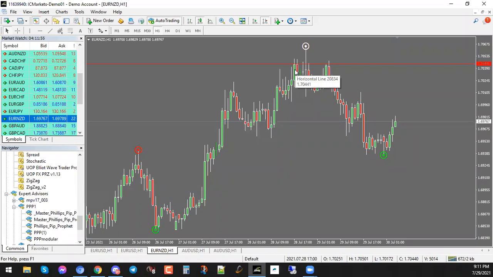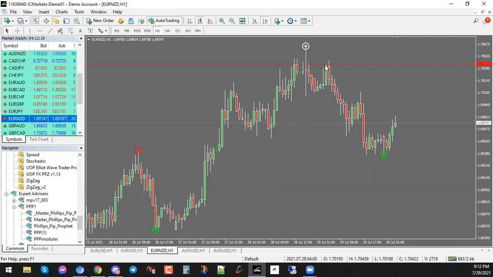This white dot is telling me that the trend to the downside is about to begin. I'm looking to get into this trade. So once I get consolidation and a nice pullback, I can look to jump into this trade to the downside. And as you can see here, when the price came back and retested this resistance area, that is also a good area where you can look to jump in.